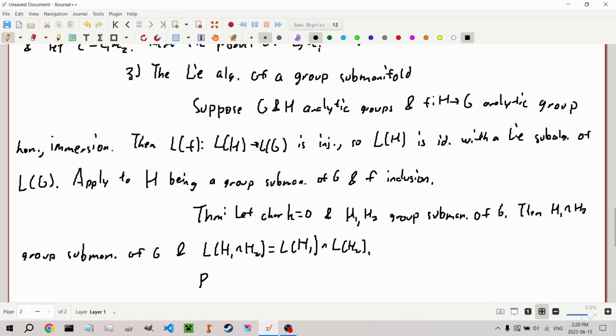So our proof: we know that G over H1 is a manifold. Let X be the coset H1 in G over H1.